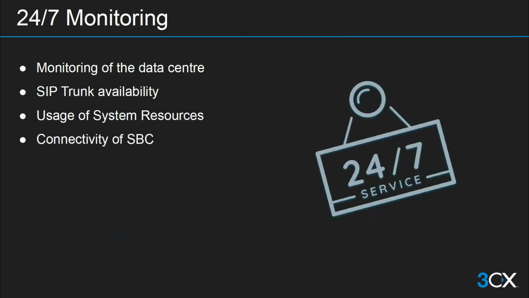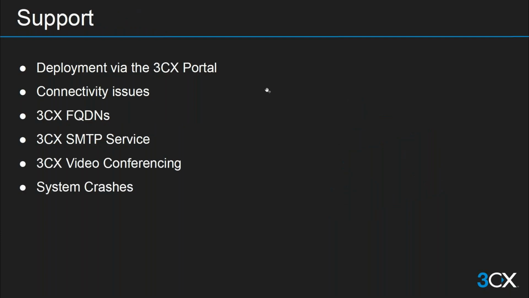There is 24/7 monitoring of the data centers, of the trunk availability, usage of system resources, and connectivity of SBC. Deployment is done via the 3CX portal. You saw that before with the SMB and the free. There will be support for that.